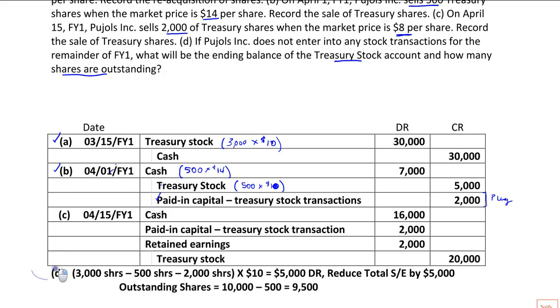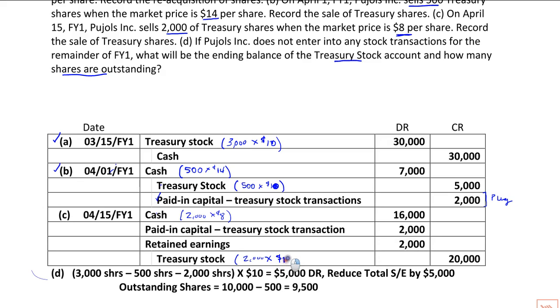Okay, so let's look at the next transaction. This was 2,000 shares times $8 a share, and that's where the 16,000 comes from. Now 2,000 times our cost.